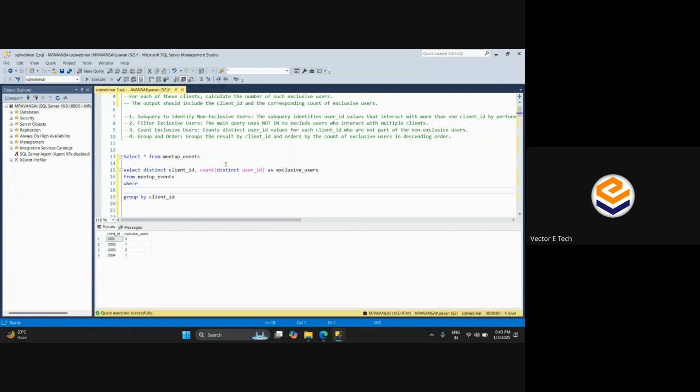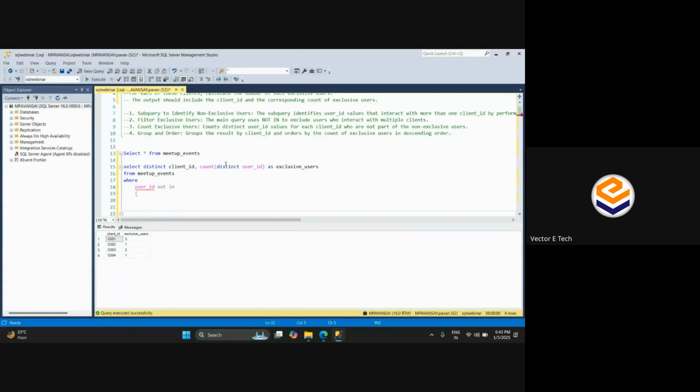What is our condition? Where user ID not in. They should not discuss with multiple clients, so we are going to filter out those users. We'll write select distinct, taking the same table again, which I'll name M1. M1 dot user ID.